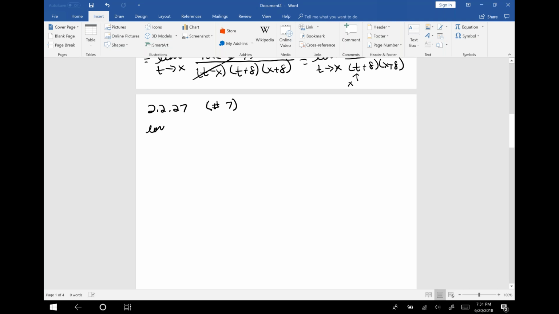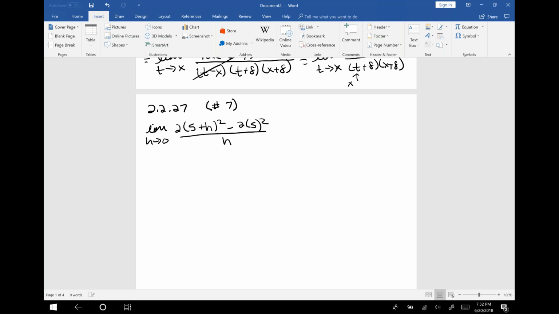So what they give us is the limit as h goes to 0 of 2 times (5 plus h) squared minus 2 times 5 squared, divided by h.